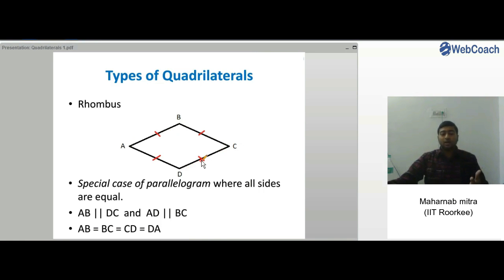So these are the two pairs of opposite sides which are parallel to each other, and also all the sides are equal to each other. AB equals BC equals CD equals DA. So this is what a rhombus is.